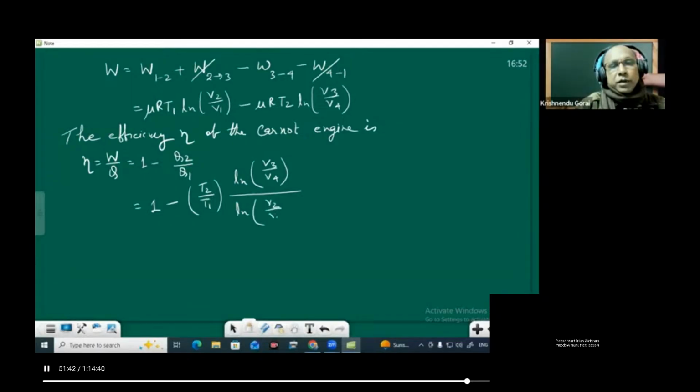From where do you get it? If we put the value of Q2 and Q1, Q2 means which one? This is Q2, what is that? Mu r T2 ln V3 by V4.